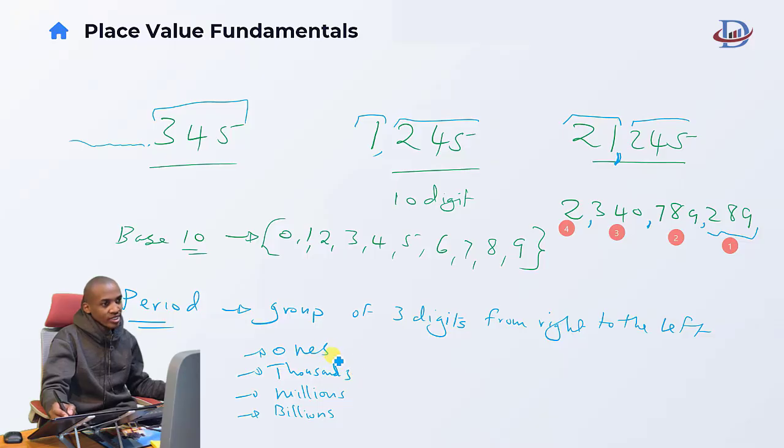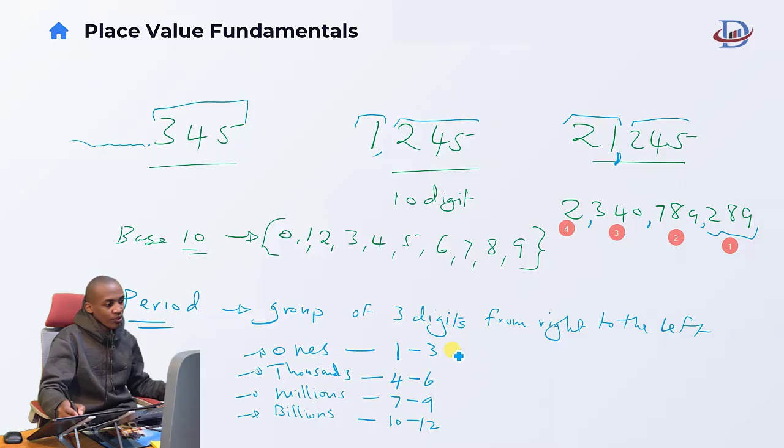So for the ones, as you can see over here, it ranges from 1 to 3 digits. The thousands range for numbers with 4 to 6 digits. For the millions, it has 7 to 9 digits. And for billions, it has 10 to 12 digits.